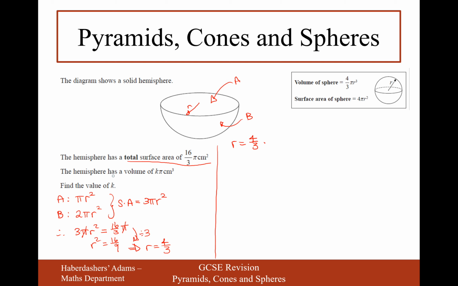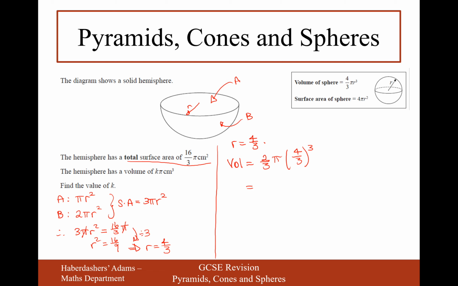And now we need to work out the total volume of the hemisphere. So the volume is going to be 2/3 pi r cubed, because it's only half a sphere. So the volume equals 2/3 times pi times 4/3 cubed. Let's work that out.